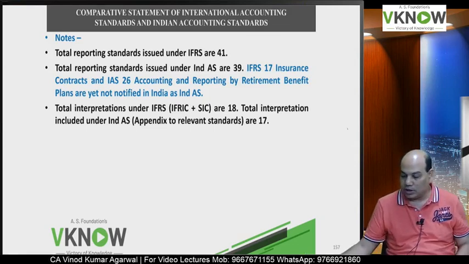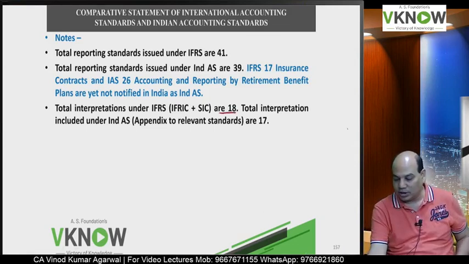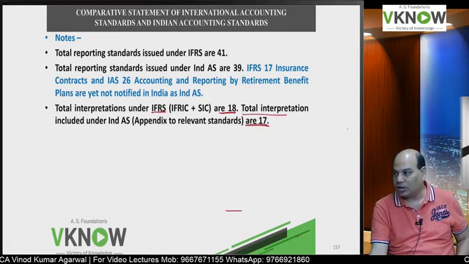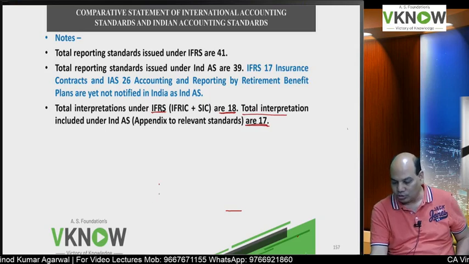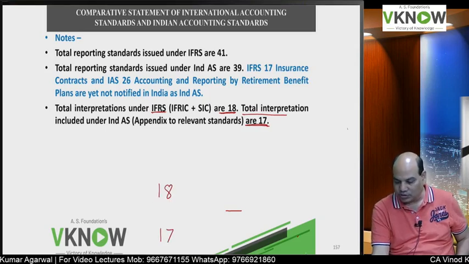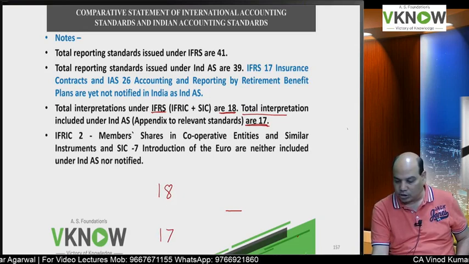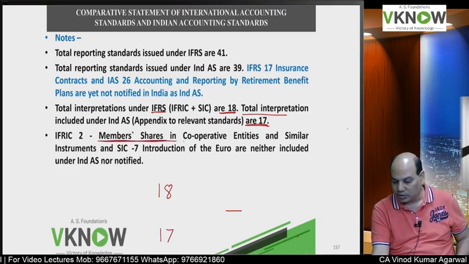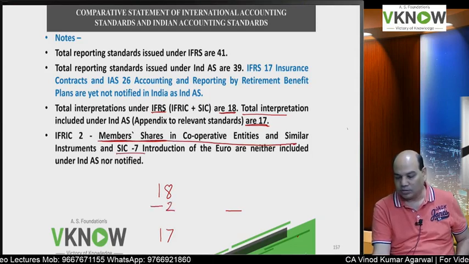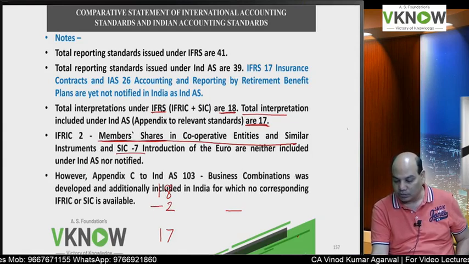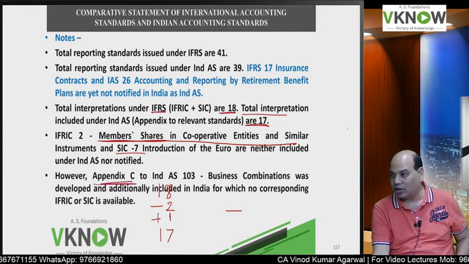Then total interpretations are 18 under IFRS, but total interpretations under Ind AS are 17. So how do you reconcile 18 and 17? There are two interpretations which are not applicable in India, IFRIC 2 and SIC 7, but plus 1, there is one appendix which has been added in Ind AS 103.